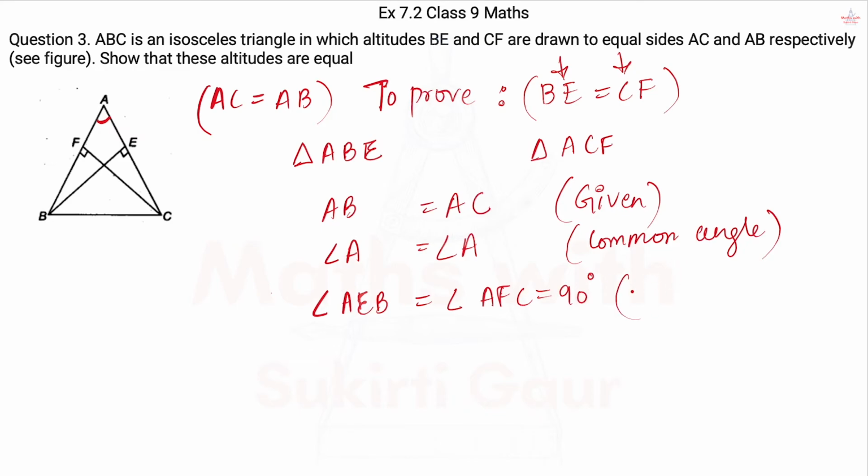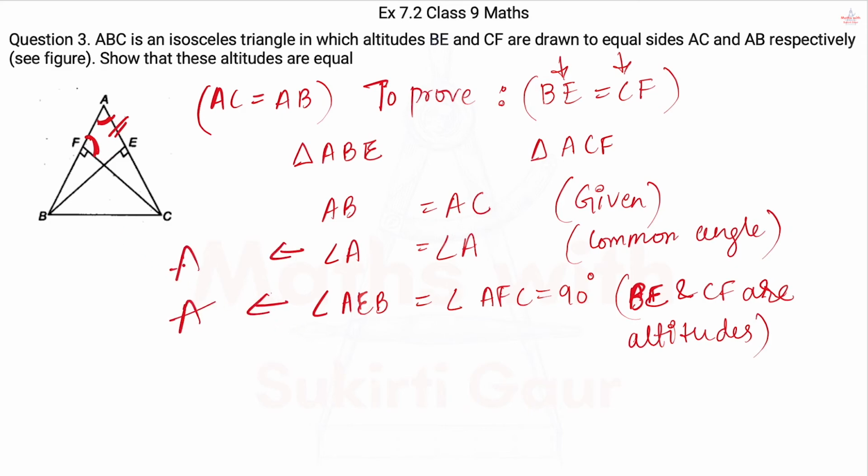Here we have the reason as BE and CF are altitudes. Right? So they are forming 90 degree angle. Hence we have what? This angle, and one side, right? Which is giving us AAS congruency, right?